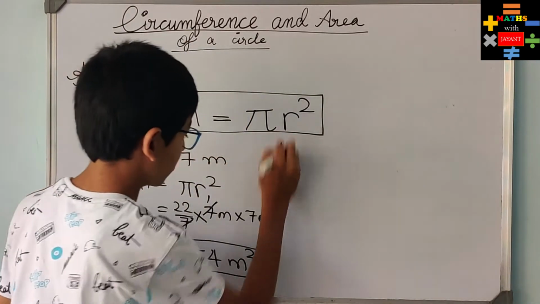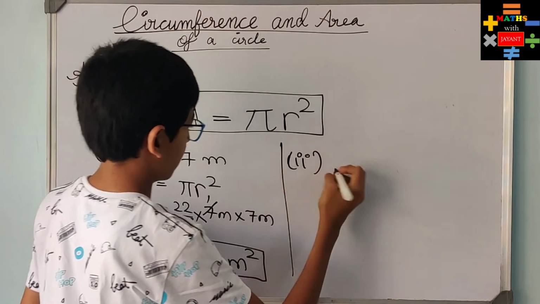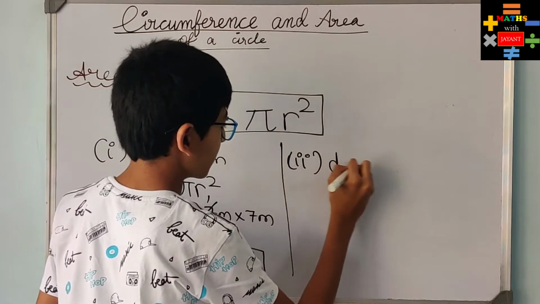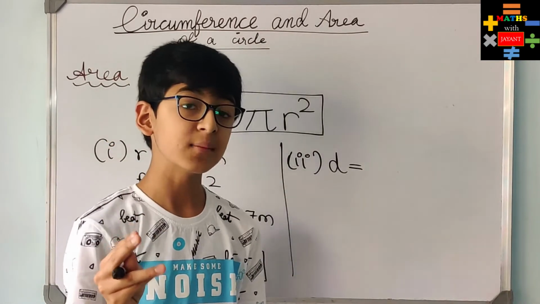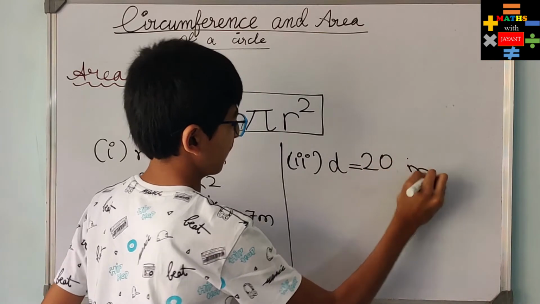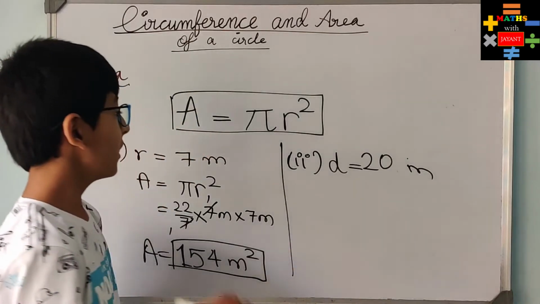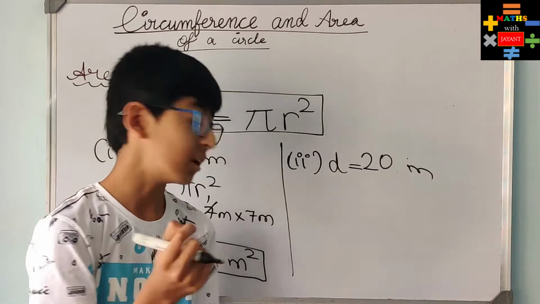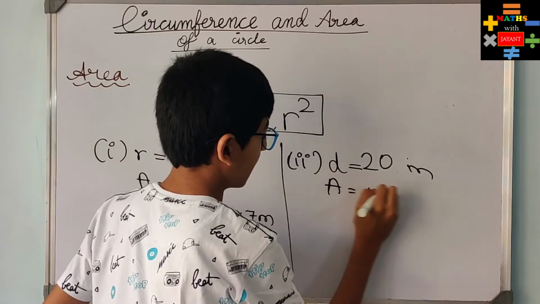Let's solve our next question. Question number 2. The diameter of the circle is 20 meter. How will you calculate its area? Remember, area is going to be pi times radius squared. Area is pi r squared.